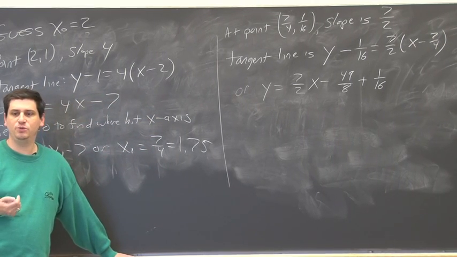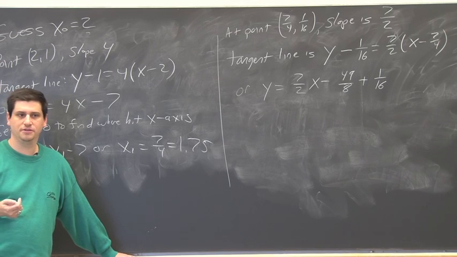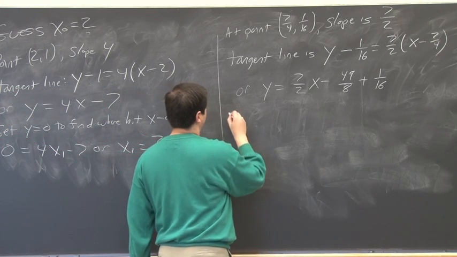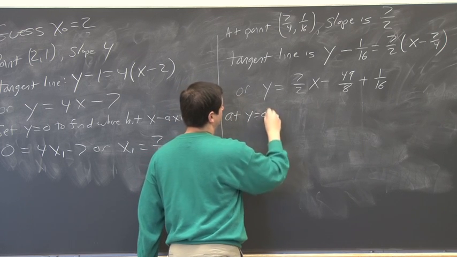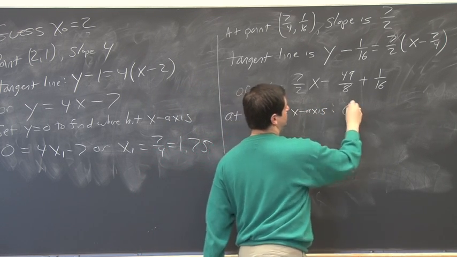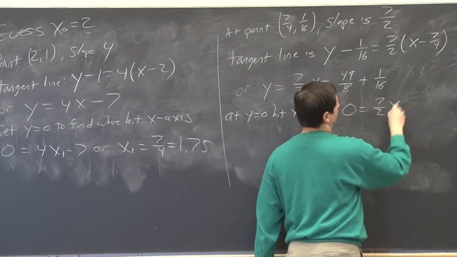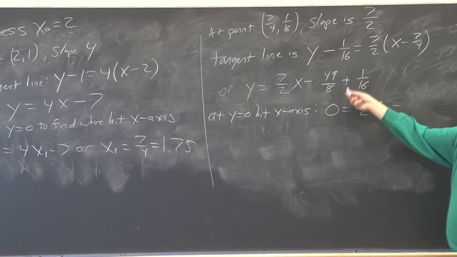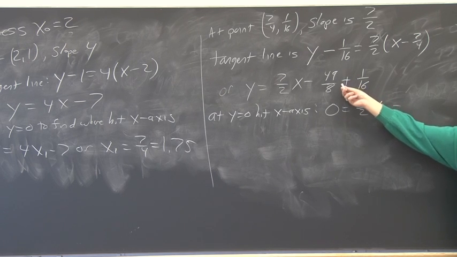So again, how do I find where this hits the x-axis? Y equals 0. At y equals 0, it hits the x-axis. So we get 0 is 7/2 x2 minus, all right, if I multiply by 2, I'll get 98/16.